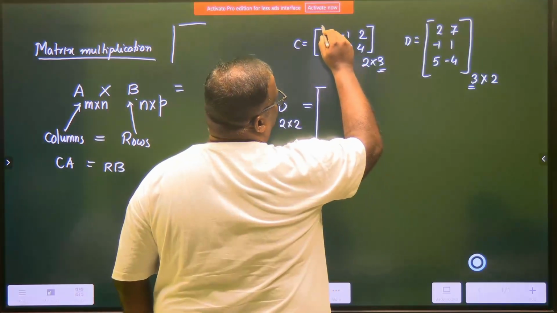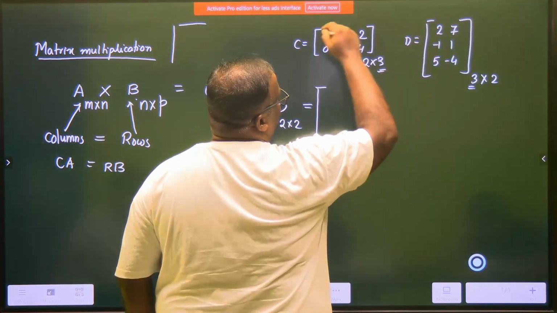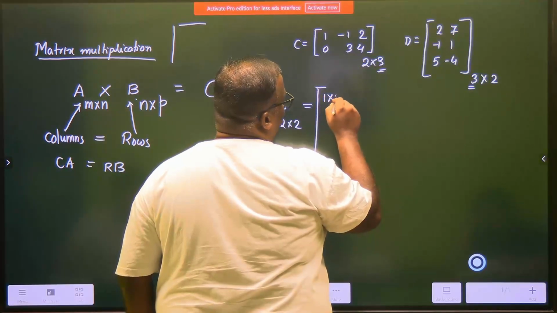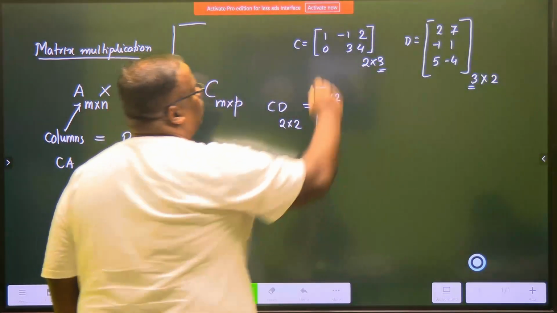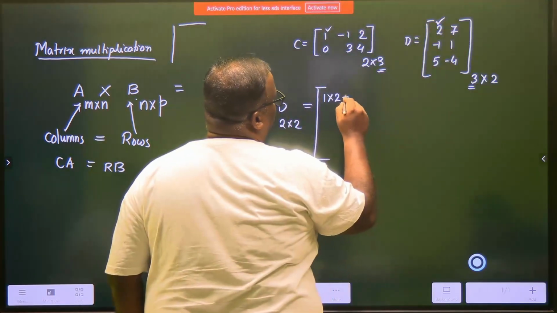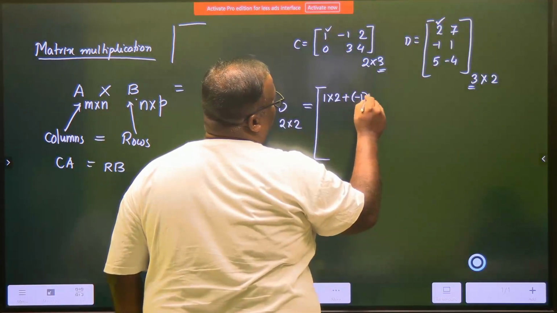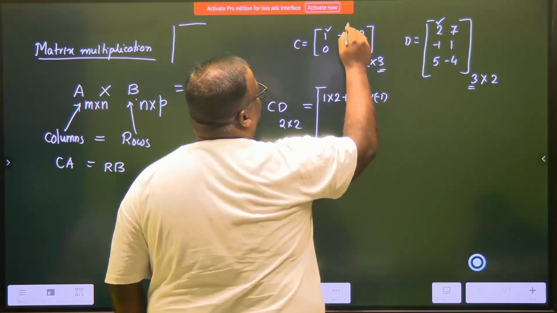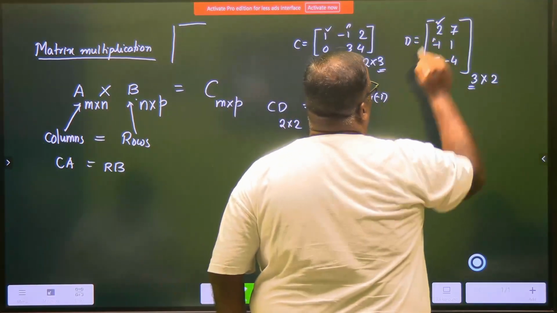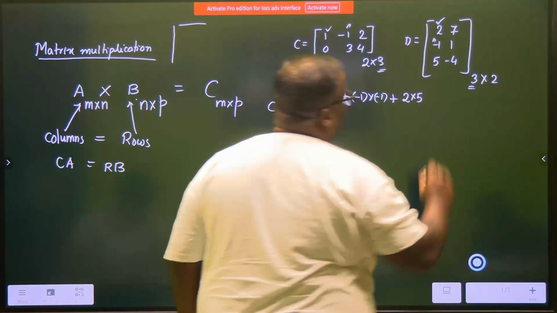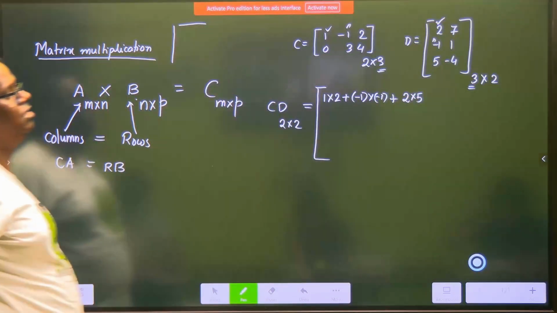If you're multiplying the first column of D with the first row of C, then I take 1 multiplied by 2, agreed? 1 is being multiplied by 2, added with -1 multiplied with -1, added with 2 multiplied with 5. That is my first element.